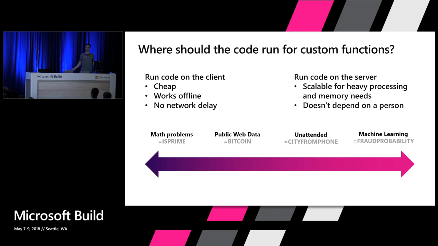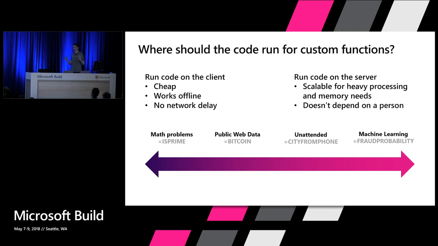And then all the way to the right, of course, we have the machine learning case, right, where you have super intense computation that's happening in the cloud. You want to do something like have a large set of data. You need to analyze what the probability of fraud for each of those hundreds of thousands of rows are, stuff like that. Then you definitely want to be running in the cloud.